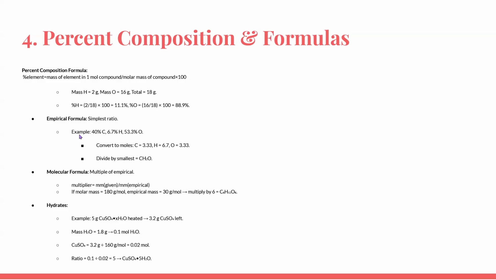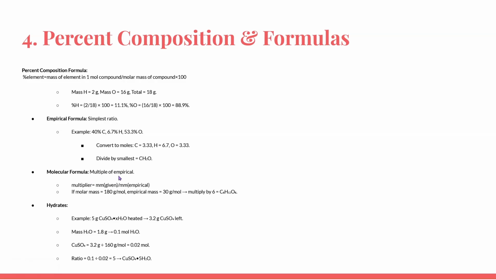I'll explain this a little bit later, but you should already kind of know how to go from percent to moles. And then once you get the moles, you would then divide by the smallest, and you will get the empirical formula. The molecular formula is a multiple of the empirical.